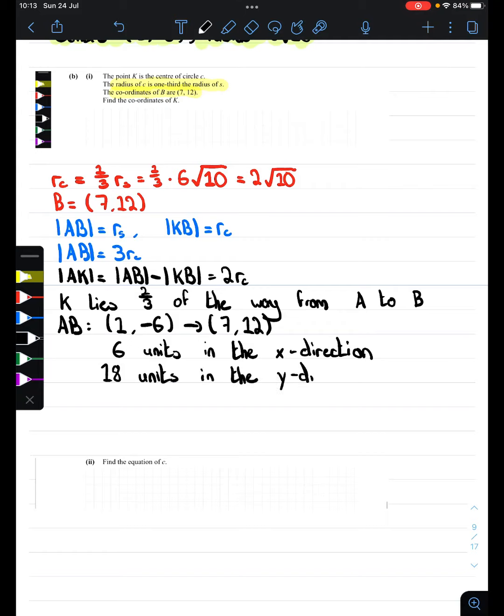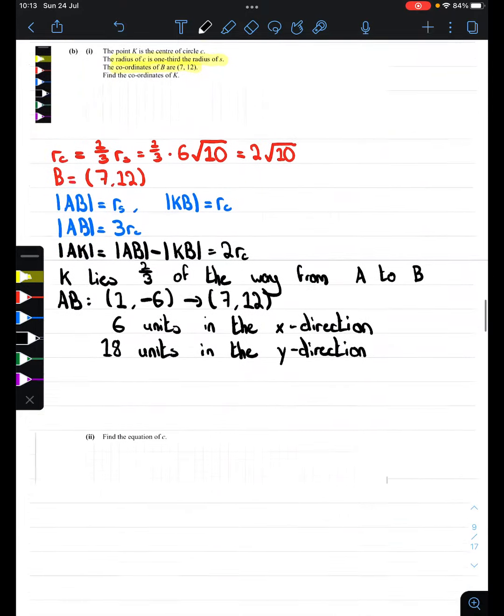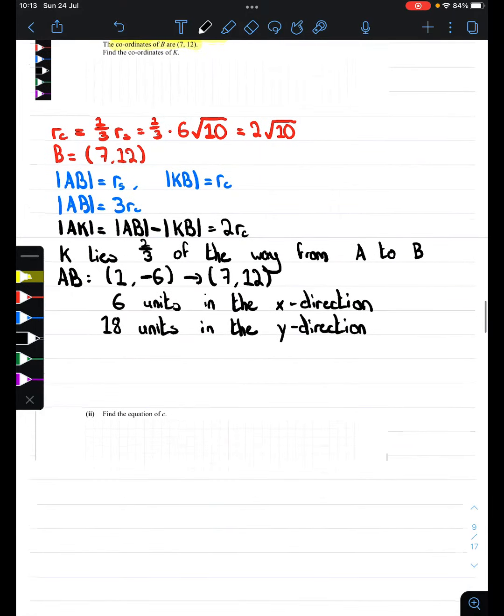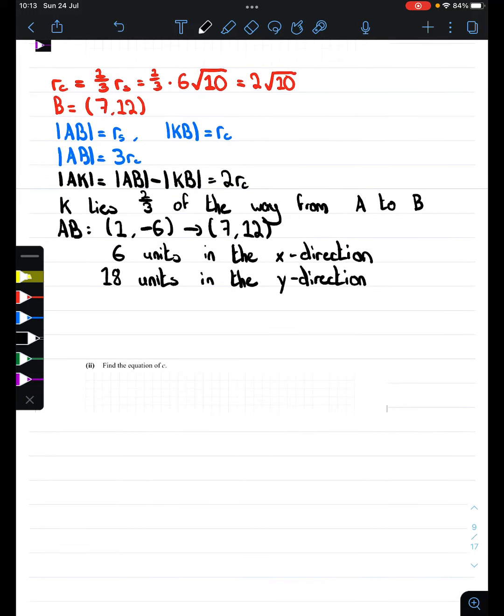And it's moving in a straight line. So 2/3 of the way along this path would be 2/3 the x direction and 2/3 the y direction.